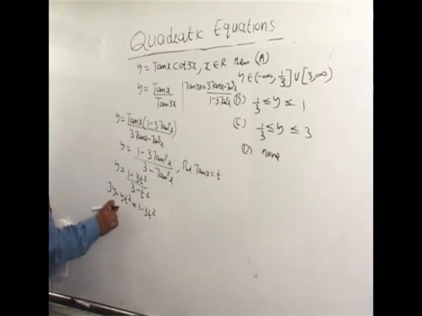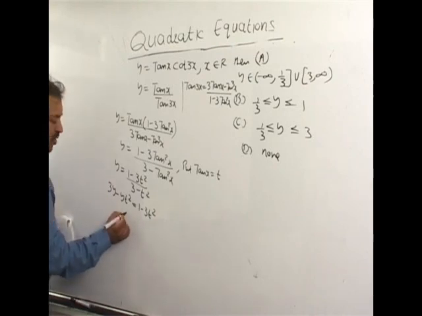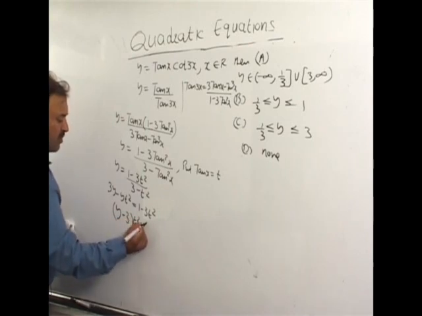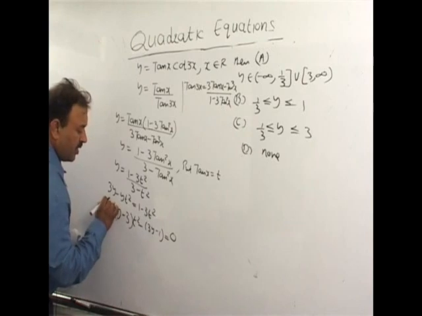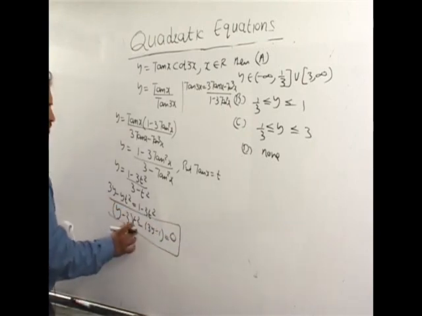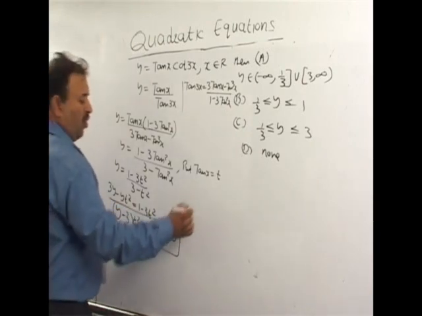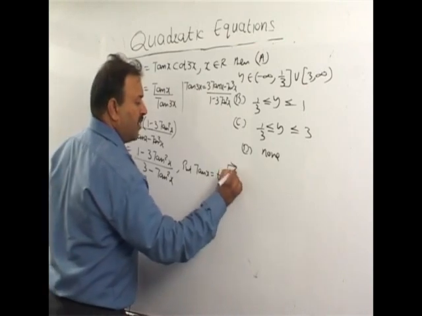Then we just make it quadratic in t square. It becomes y minus 3 into t square minus of 3y minus 1 is equal to 0. This is the quadratic we formed, and now I'm going to start from here.